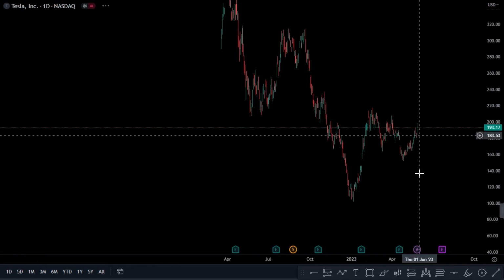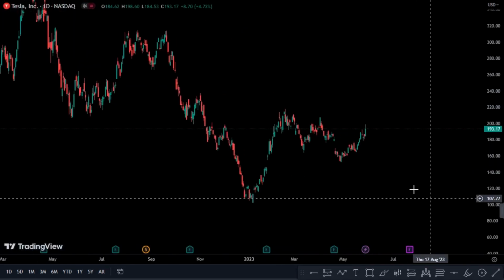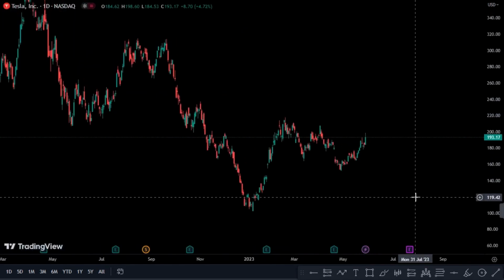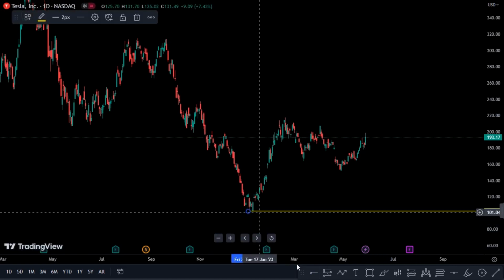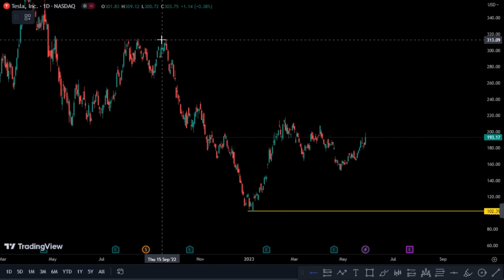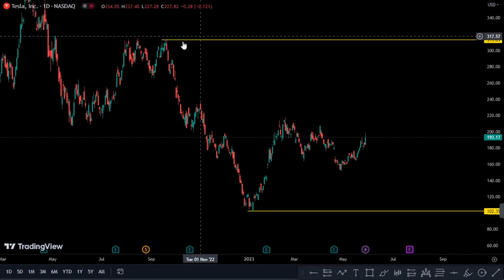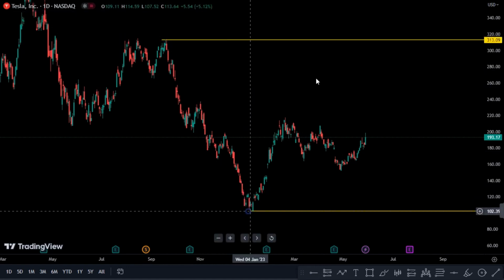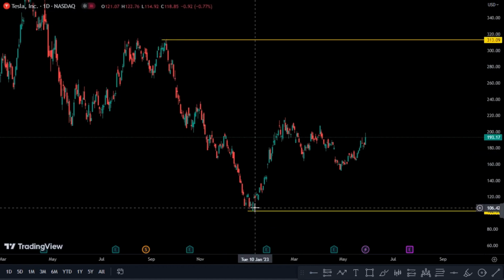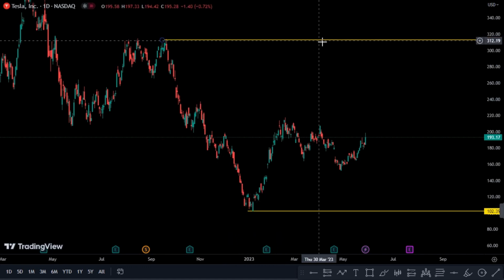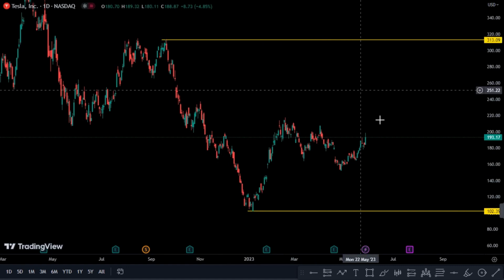Let's start on a daily time frame. Okay, so on a daily time frame, we're just going to focus on the recent times. On the recent times, this is our support structure, then there is our resistance structure, and we know that the market moves in between structures. As you can see, it previously came from the resistance and dropped all the way to the support structure, and now we are anticipating it to move up until that resistance structure.